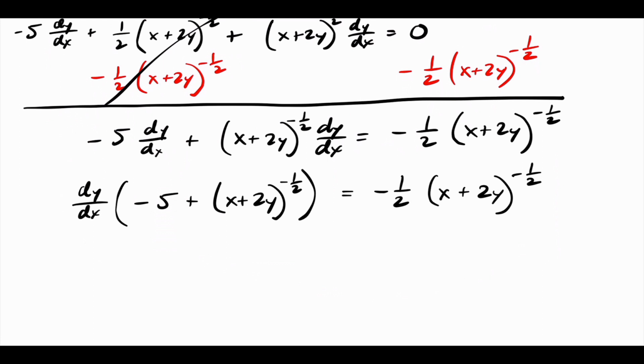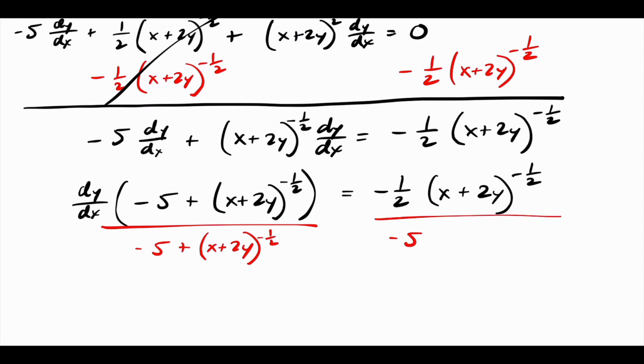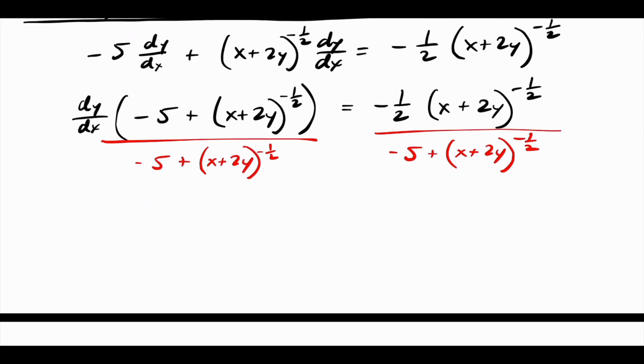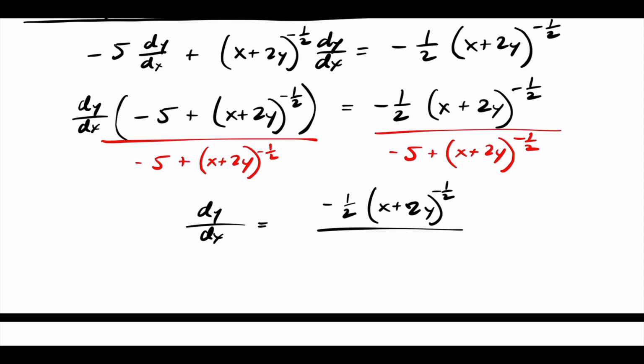Divide by what I don't need. So I get dy over dx equals -1/2 x plus 2y to the -1/2 over -5 plus x plus 2y to the -1/2.